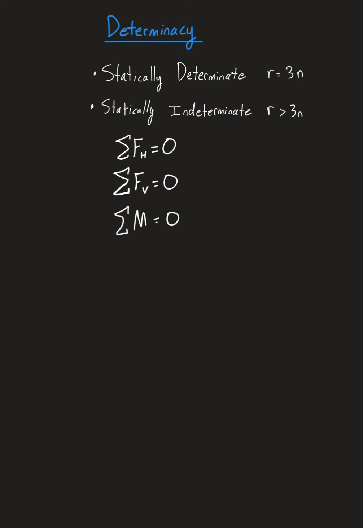So let's just take a simple case here of a simply supported beam. And if we draw our reactions, the pin is going to have a vertical and a horizontal reaction. And the roller is just going to have a vertical reaction.